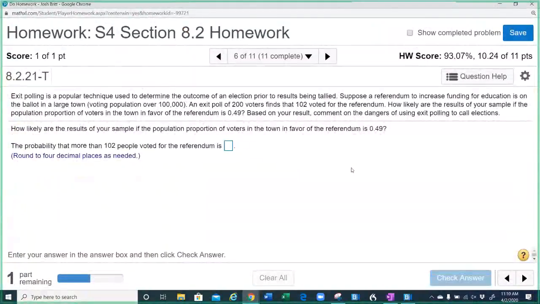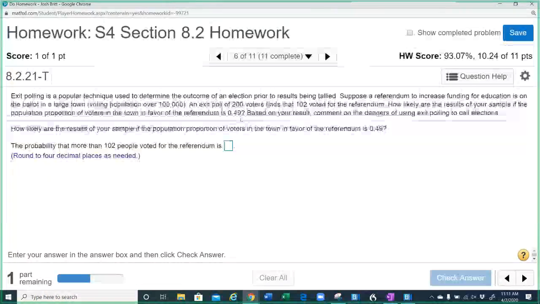All right, so we'll do another example here. Exit poll example. So here we've got 200 voters, and it finds 102 voted for the referendum. So how likely are the results of your sample if the population proportion of voters in the town in favor of the referendum is 49%? So 49, that's our current population proportion, that's our mean.